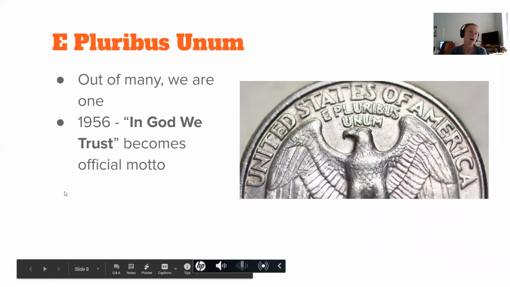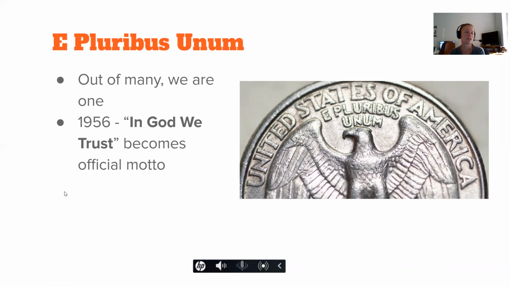Okay. E pluribus unum. That is the national motto that we have adopted, and it means out of many we are one. And guess what language that is? Remember, the founding fathers really venerated or esteemed the Roman Republic, right? And the language of the Roman Republic and eventually the Roman Empire that it slid down into, that was Latin.